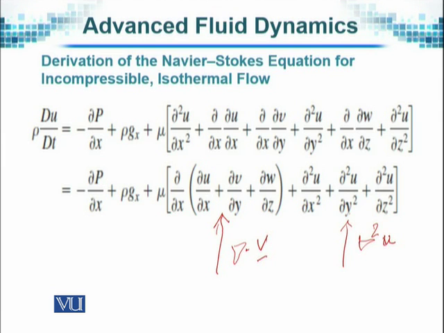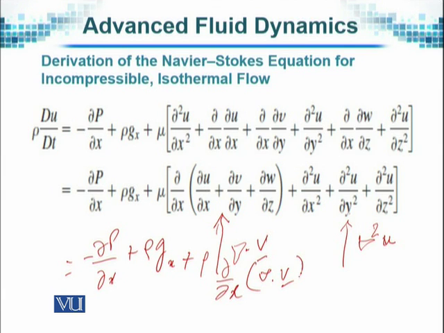And so for simplicity, we can write this equation as dp by dx plus rho gx component plus rho d by dx of the divergence of V plus del square of u, and you can see then we can simplify.